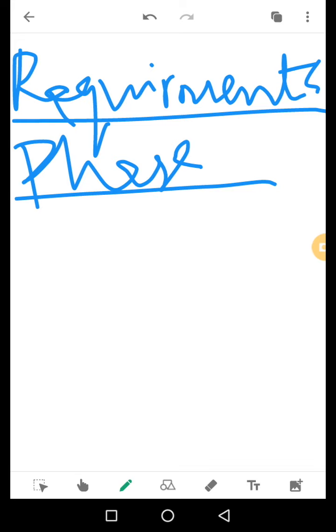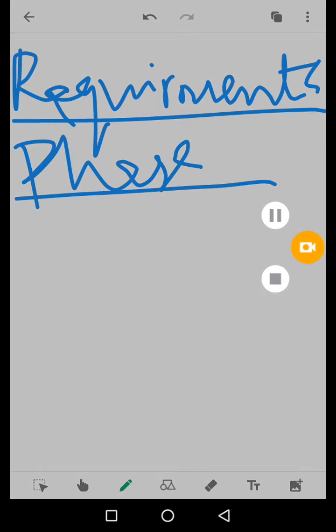So that is the reason why there is need for requirement analysis. Are you getting it now? So let's have a look at the requirement analysis process.